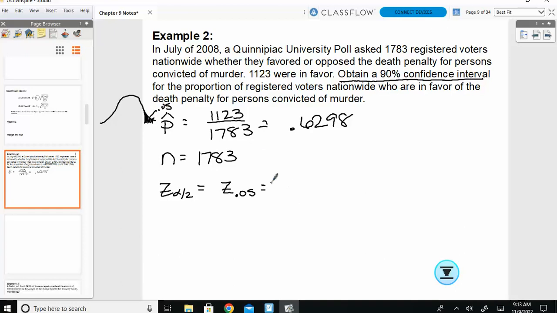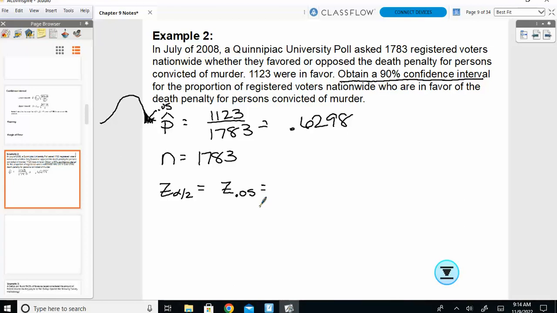When we look that up in the table, we've done these, but it's been a little bit. The table gives you area to the left. So if I have 5% to the right, what percent do I have to the left? 95. That is your area. So that's the probability inside the table. So you are trying to find 0.95 inside the table. Okay, and then we need the z that matches that.